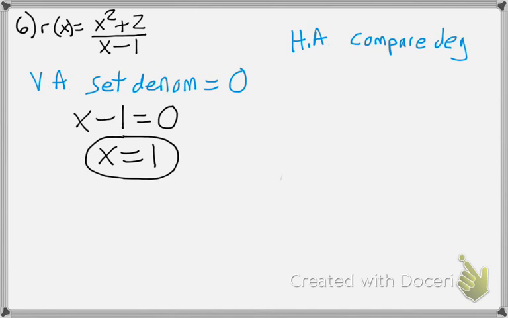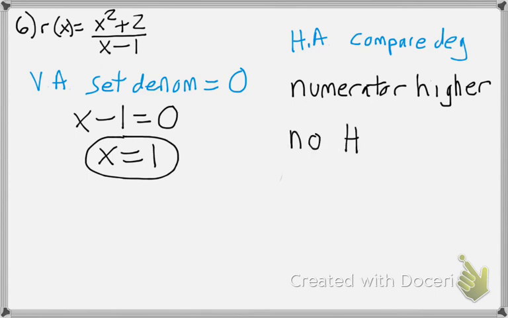So the numerator is higher. So of the 3 scenarios, this would mean that it has no horizontal asymptote. And that would be our answer.